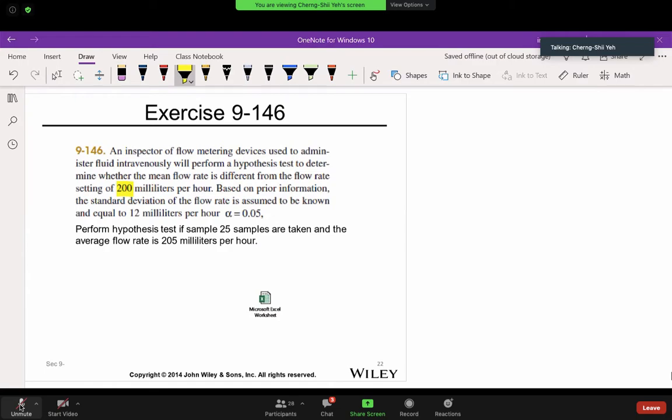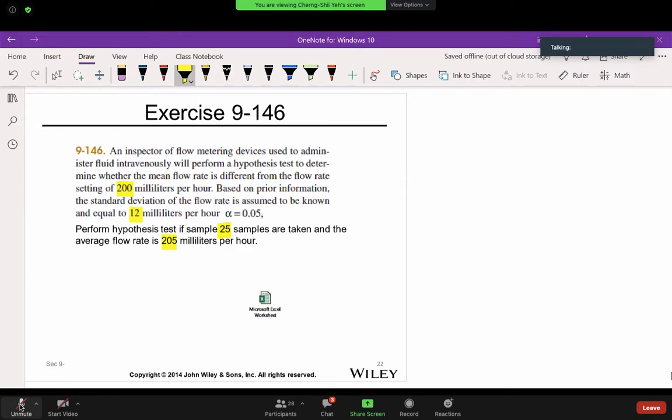They want to prove, based on a sample of 25 and the sample average, whether the claim is still true: that the process maintains the setting of 200 milliliters per hour.